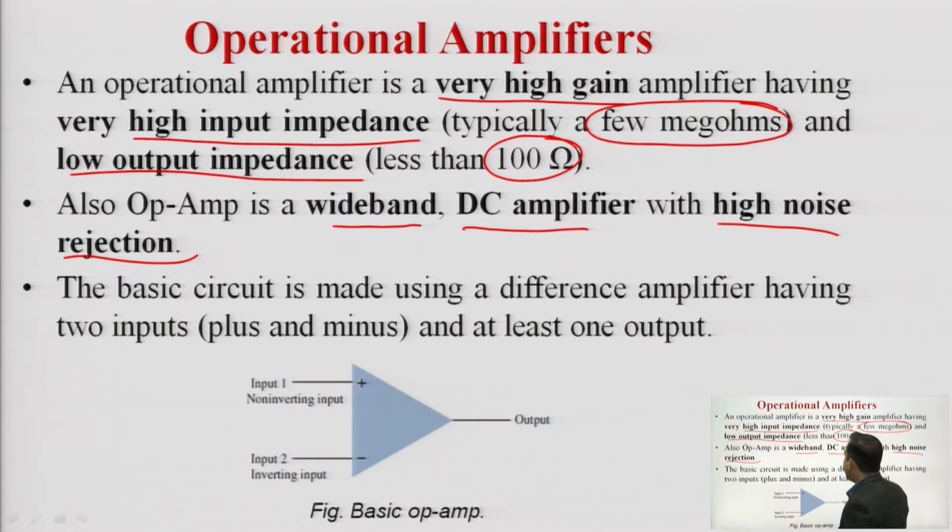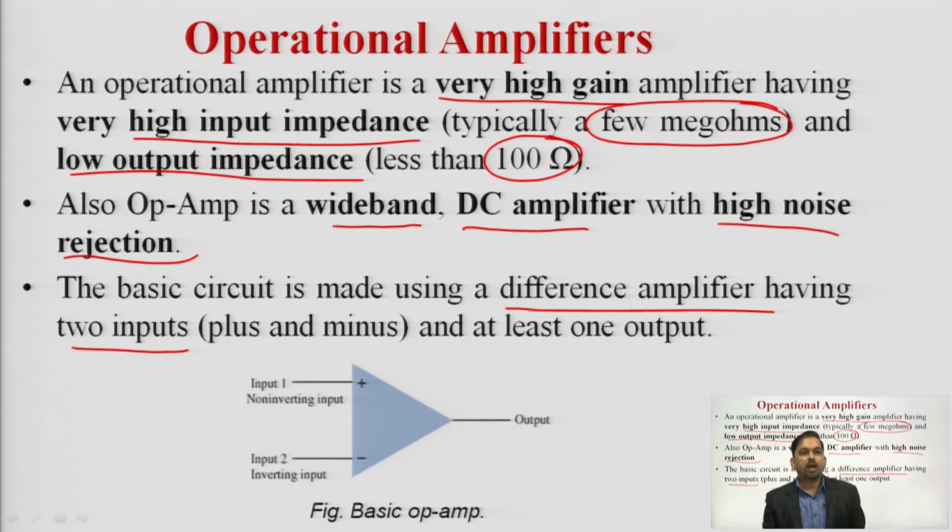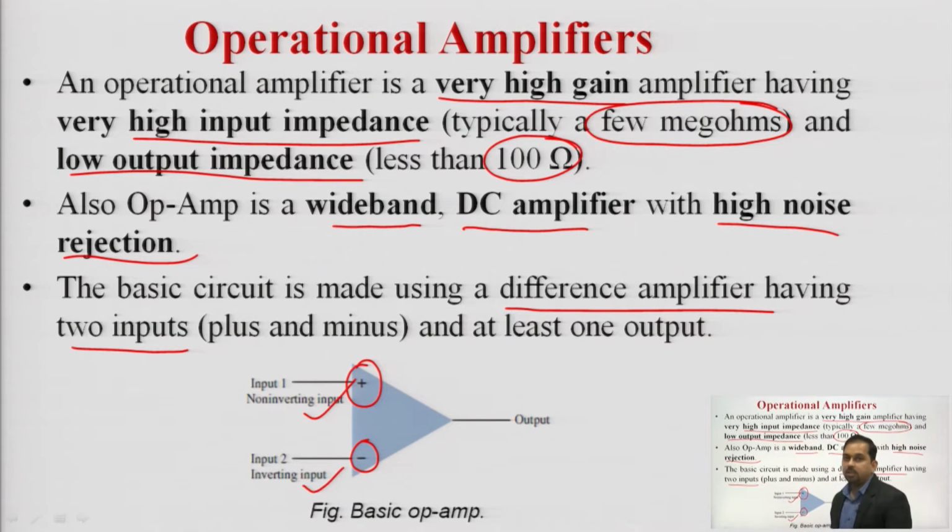Now, the basic circuit is made using a differential amplifier having two inputs, one is the positive input and one is the negative input. The positive input is referred to as the non-inverting input, whereas the negative terminal is referred to as the inverting input, and correspondingly it has an output.